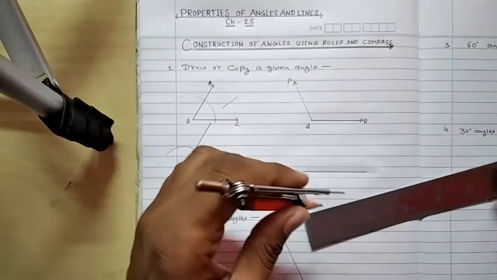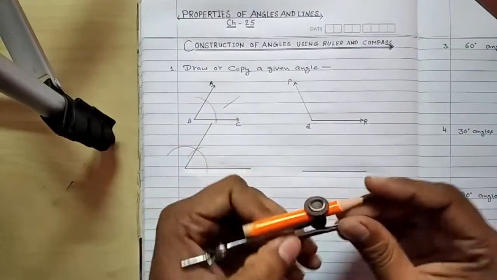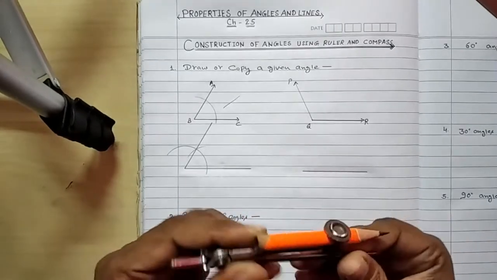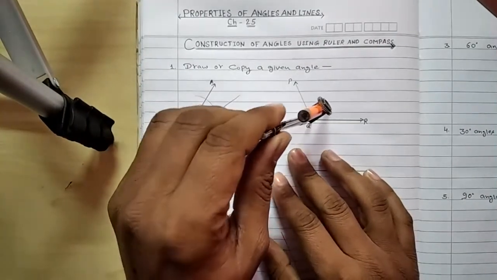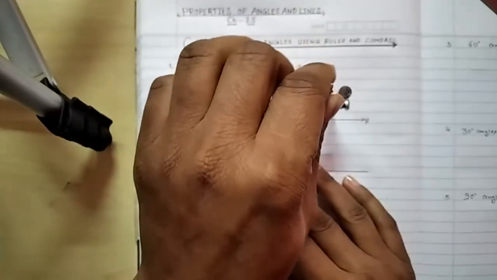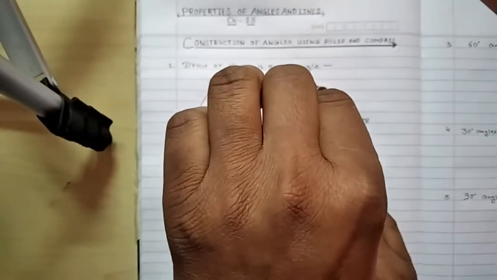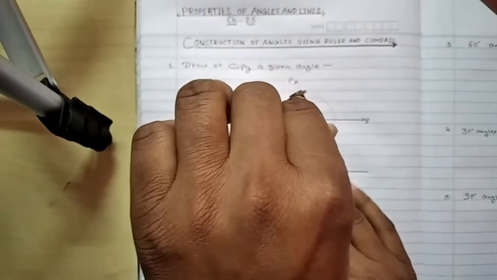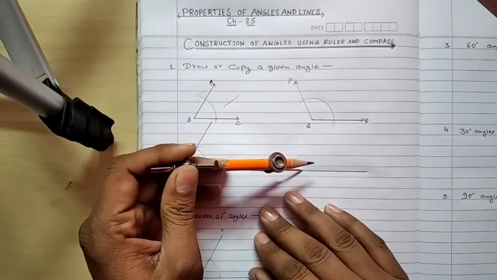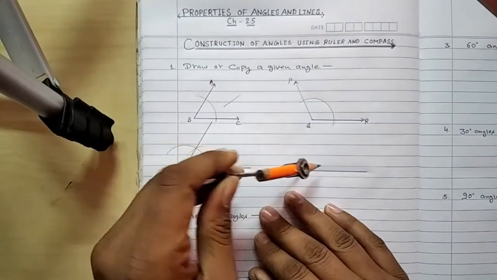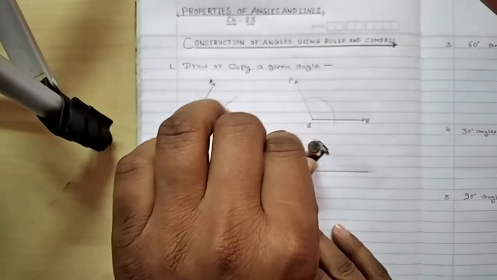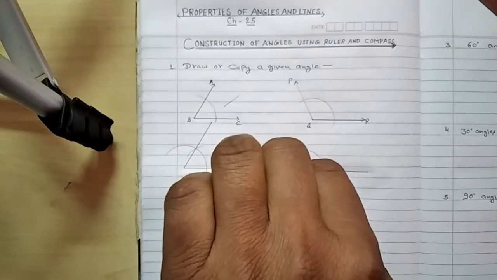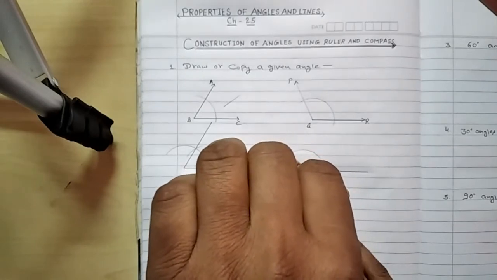After drawing the line segment, you take a gap in the compass, put the compass at the vertex of the given angle and draw one arc like this. With the same gap you put the compass at one point of the drawn line and draw the arc.